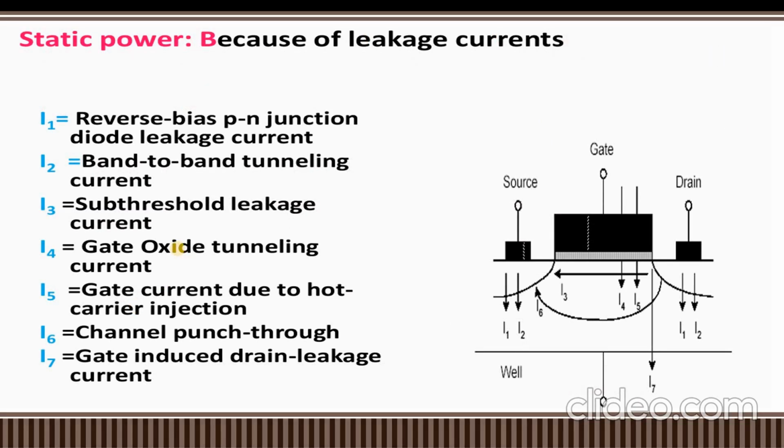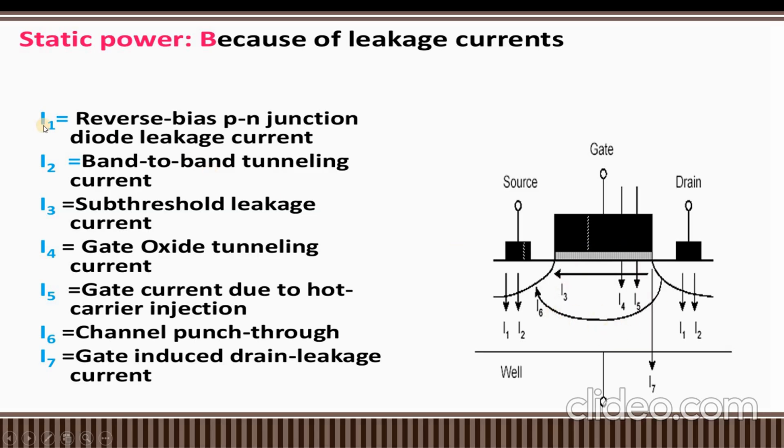Let us discuss static power. Static power dissipation mainly occurs because of leakage currents. See here it is a MOSFET device, consisting of source, gate, drain and body terminals, and all the leakage currents are described in this diagram.